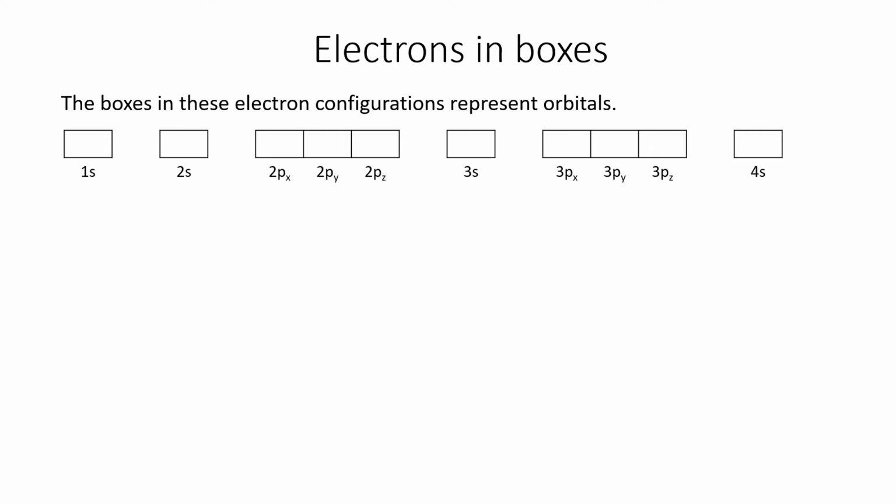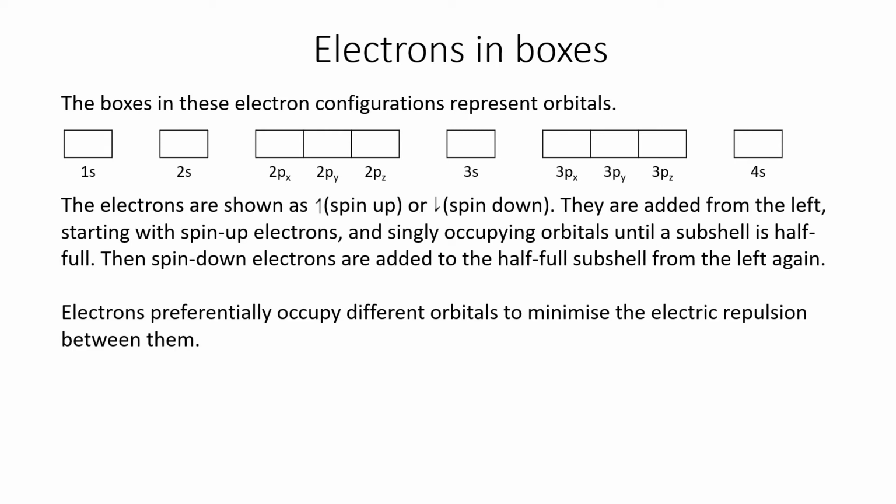And this is the axis along which the dumbbell points. And you remember we can get 2 electrons in these orbitals as long as they're opposite spin. And so we indicate spin up with a single-headed arrow pointing up, and spin down with a single-headed arrow pointing down. And there's quite a bit of convention going on here.